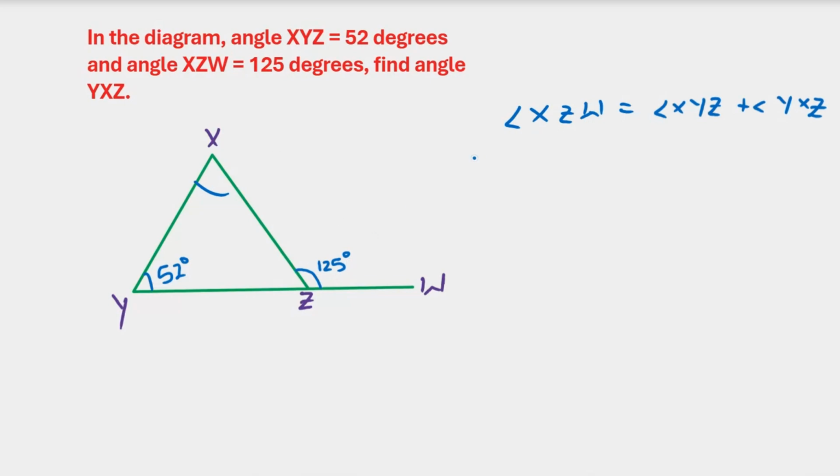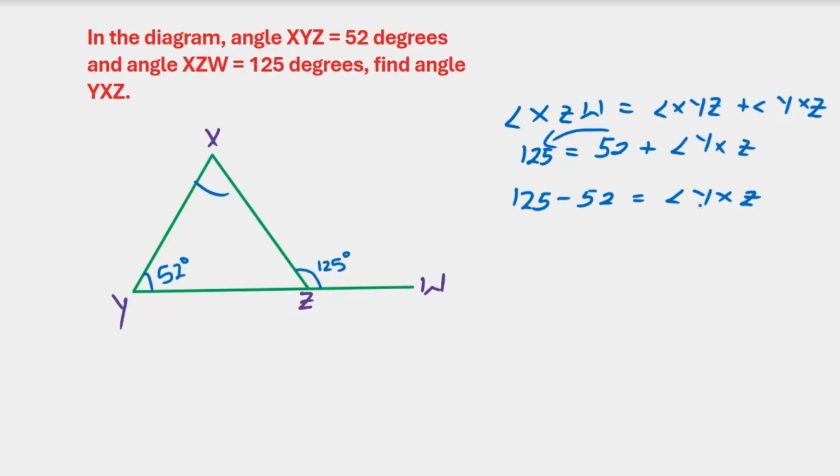So angle XZW is this angle, that is 125 degrees, is equal to angle XYZ, that is 52 degrees, plus the angle YXZ. So we just have to bring 52 to this side, so that we get 125 minus 52 is equal to angle YXZ.